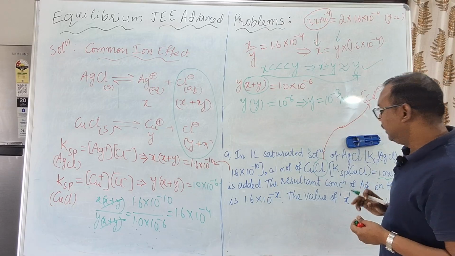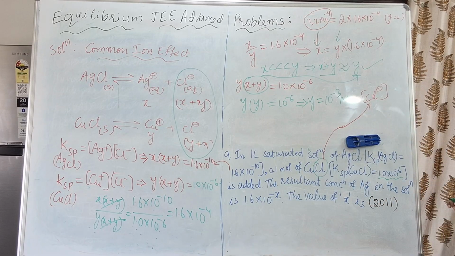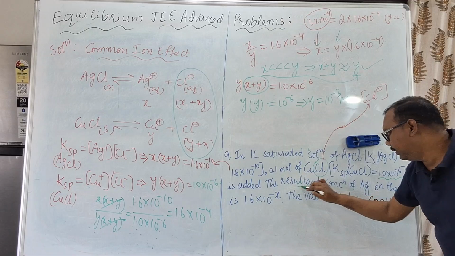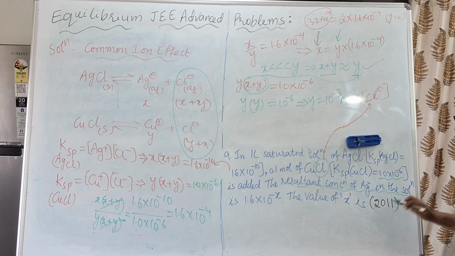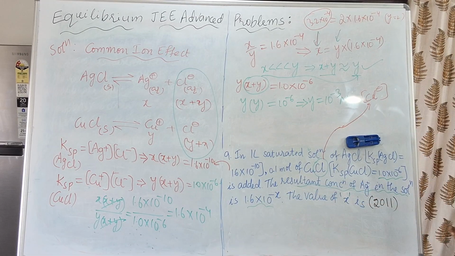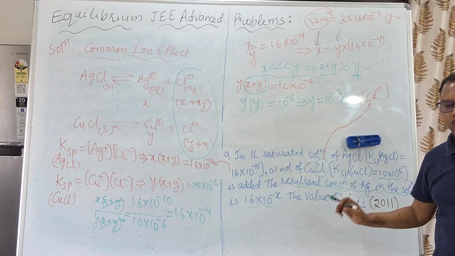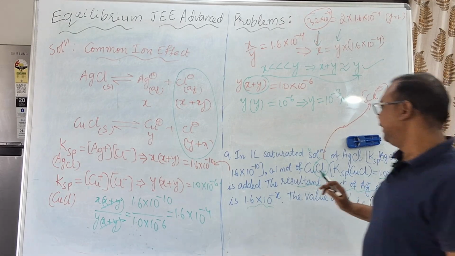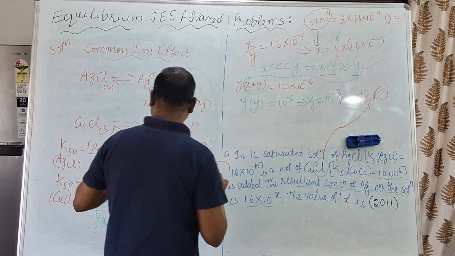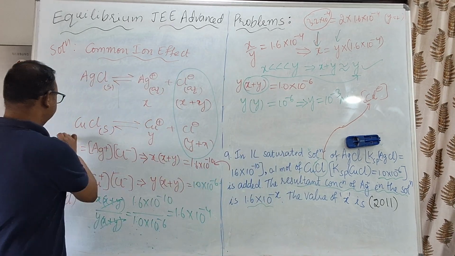But finally, what is the question asking? The question is asking about the resultant concentration of Ag plus in the solution. Therefore, from the first equation, you consider this one.